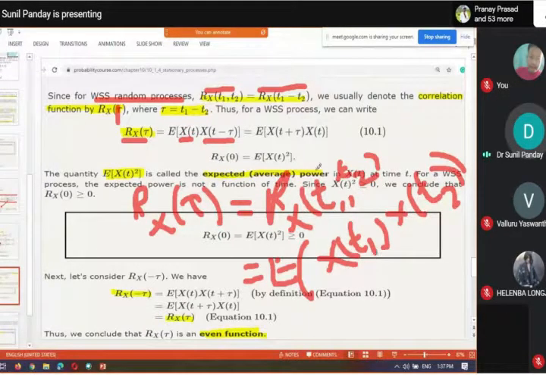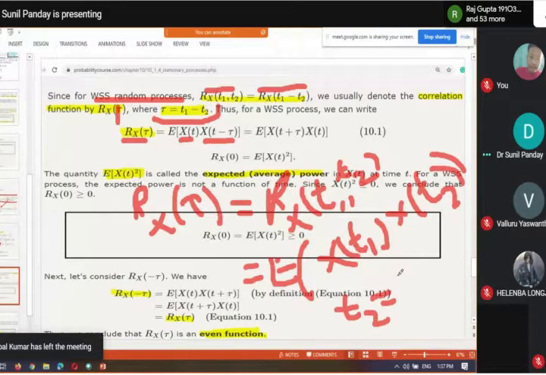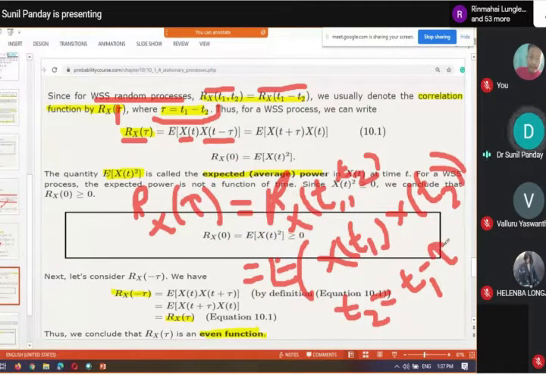So how could you write this in terms of tau? You can replace here: t2 can be rewritten as t1 minus tau.